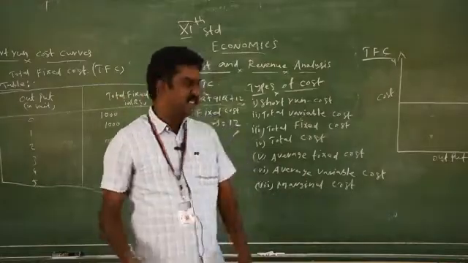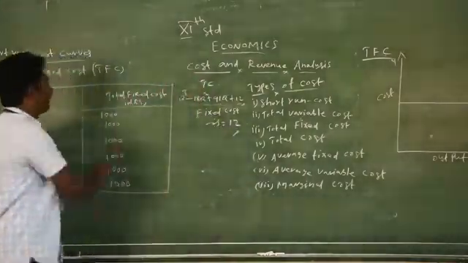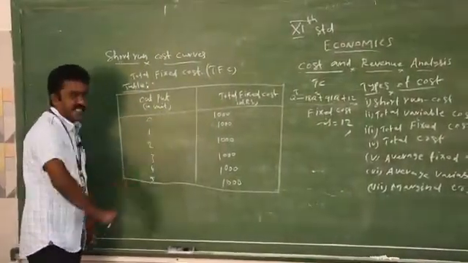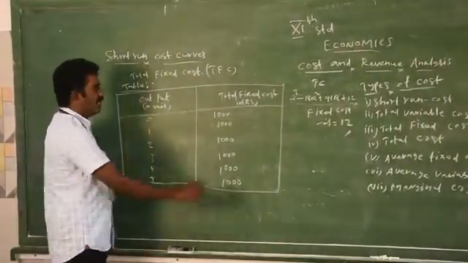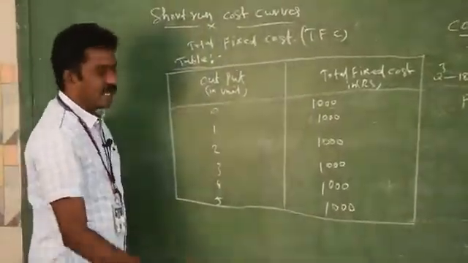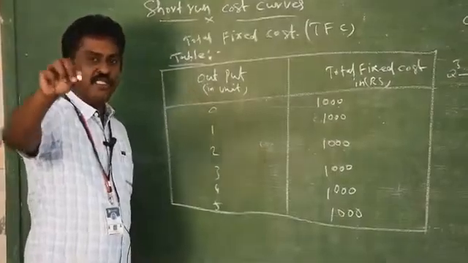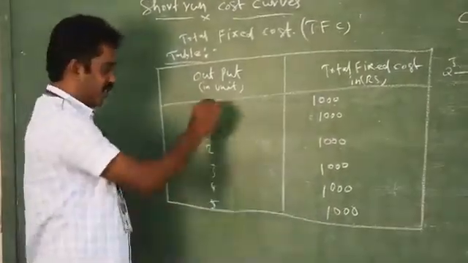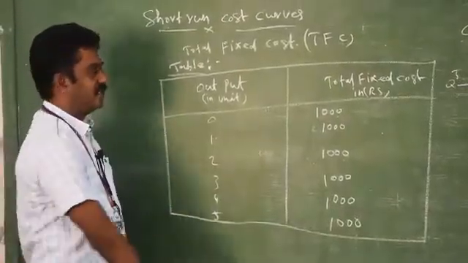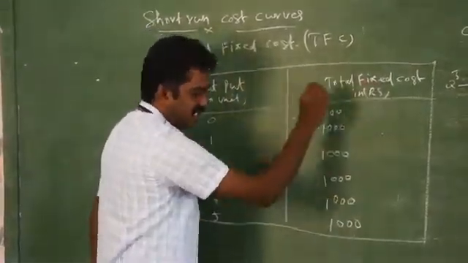So the fixed cost is 1000. Even though output is increasing or 0 or decreasing, the table explains the total fixed cost. What I told you: whether the quantity of output is 0 or 1 or 2, 3, 5, the total fixed cost is fixed.